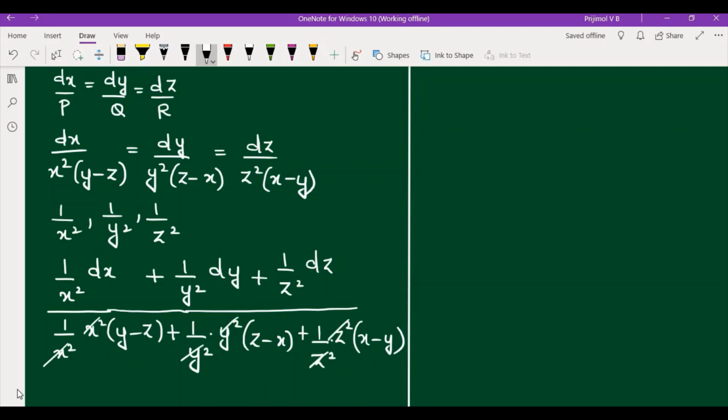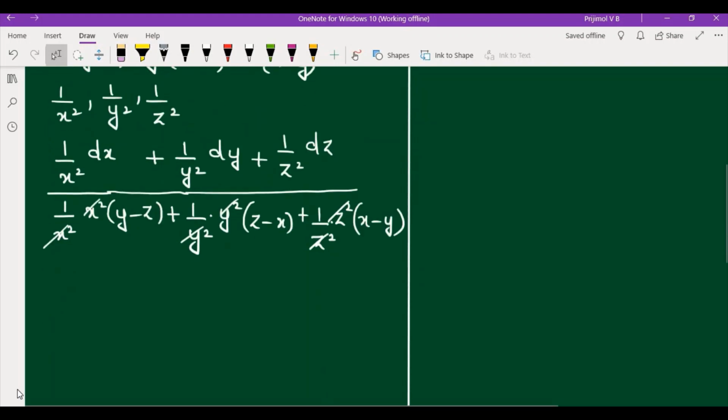In our previous problem we have selected the constants as the Lagrange multiplier. Say we have selected L, M, N, and then we have also used the variables x, y, z as a multiplier. Here also we are using the variables x square, y square, z square as the multipliers, but make sure that whatever you are going to multiply, it must be integrable.